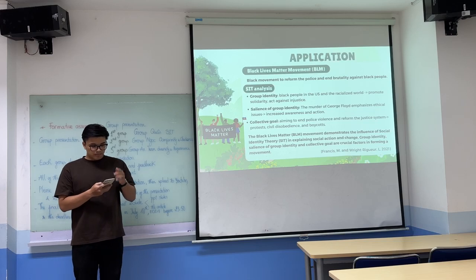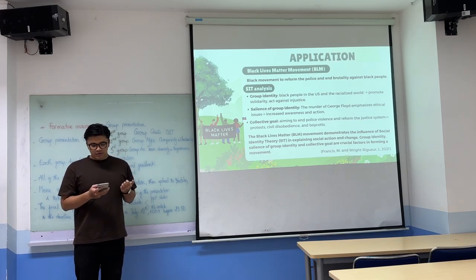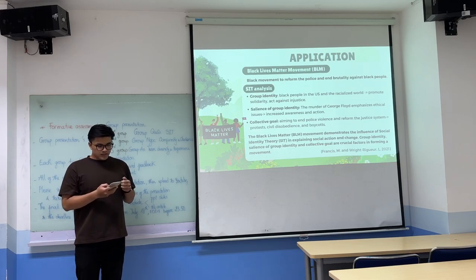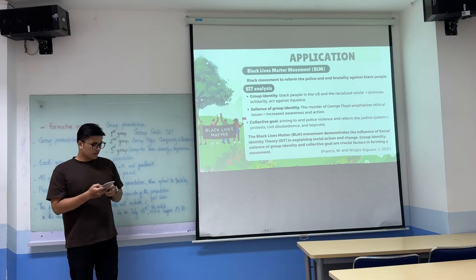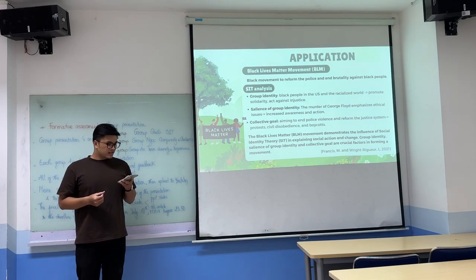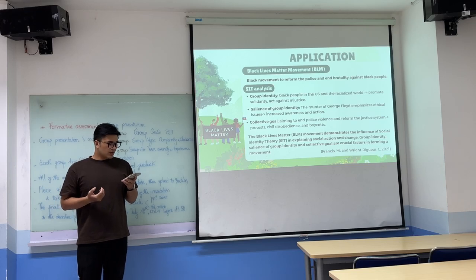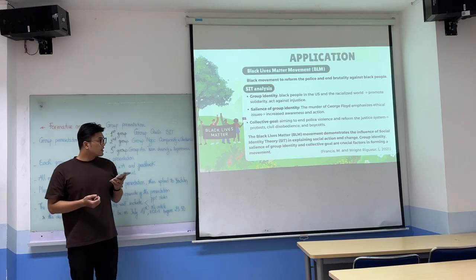About the salience of group identities, the murder of George Floyd brought forth a moral issue for Black people, which made them more conscious of their group identity and they took action. Finally, the collective goal of this group is that they want to end police violence against Black people and reform the justice system by protesting, civil disobedience, and boycotting police.